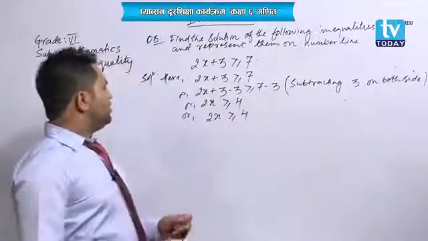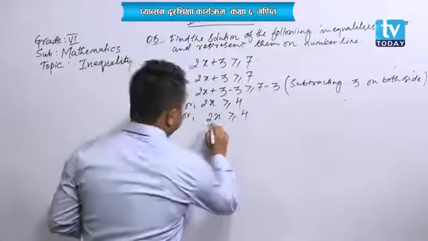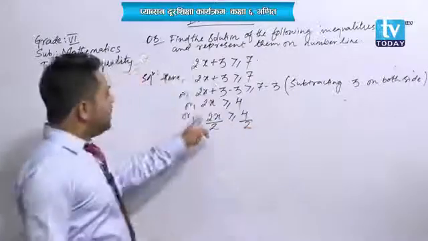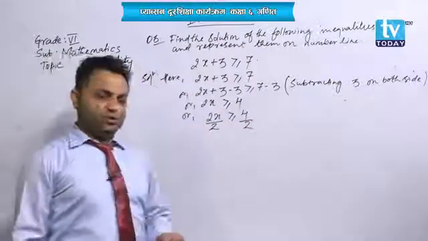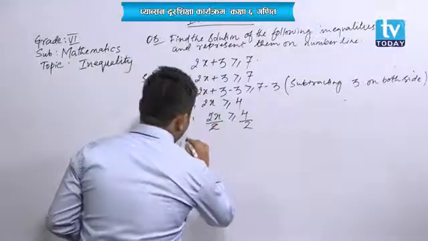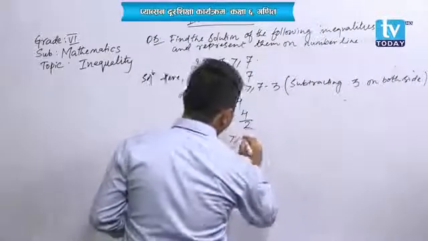Our intention is to find the solution for x. That means dividing by 2. There is coefficient of x is 2, so we are dividing by 2. Then you can cancel this 2. Then x greater than equals to 4 by 2, which is 2. Therefore, the solution set will be x greater than equals to 2.